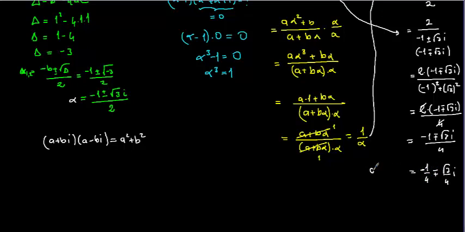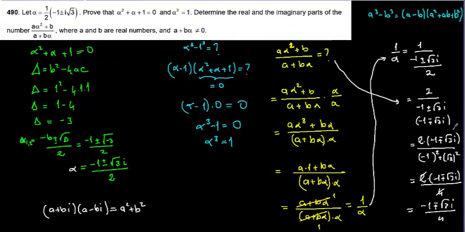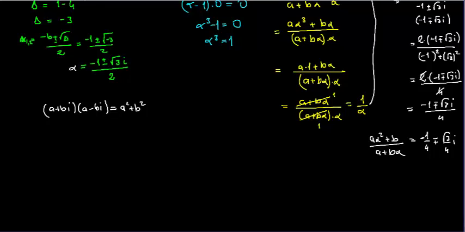Here this is the value of (a alpha square plus b) over (a plus b alpha), and at the end we found it's equal to minus 1 over 4 plus minus root 3 over 4 i. The real part is minus 1 over 4, and the imaginary part is plus minus root 3 over 4. This is the imaginary part of the question.